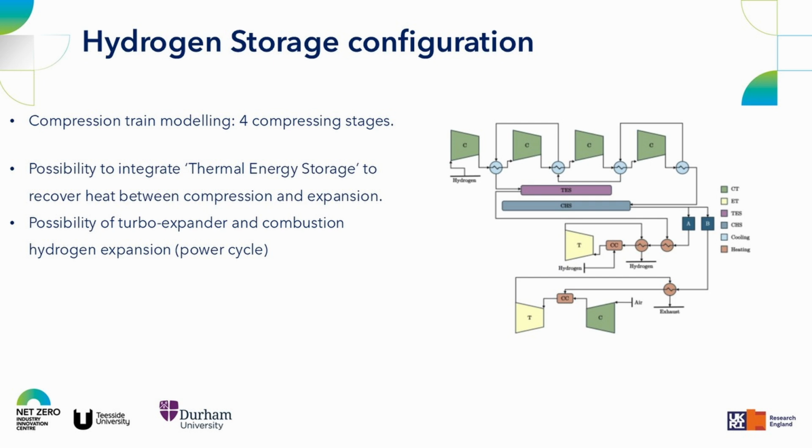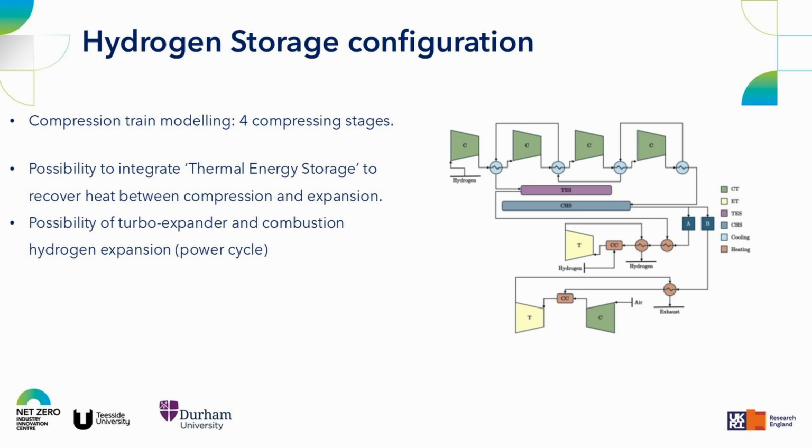This is a schematic of the compression with compressors, where we compress hydrogen into a hydrogen tank, and then we decompress or expand hydrogen either through the turbo expander or by combustion. Combustion of hydrogen is a bit tricky here because we're producing a high amount of energy and high temperature, and the blades of turbines have a threshold of temperature tolerance.